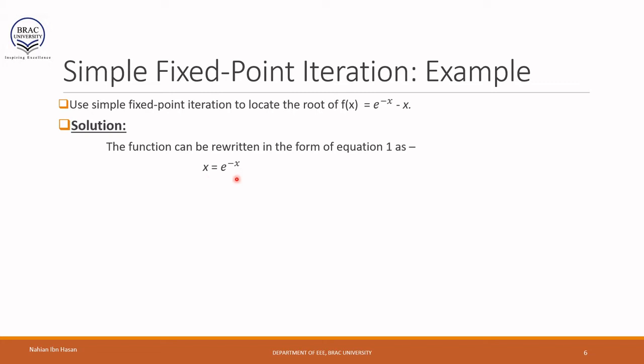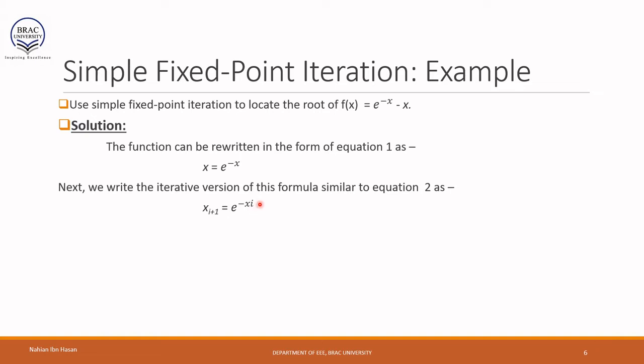This is our equation 1, and we write it into our iterative form, which is step 2 of our algorithm. That means x i plus 1 equal to e to the power minus x i. Here the i should be a subscript of x. It's a printing mistake, I am sorry. It should be x subscript i. So this is our iterative formula.